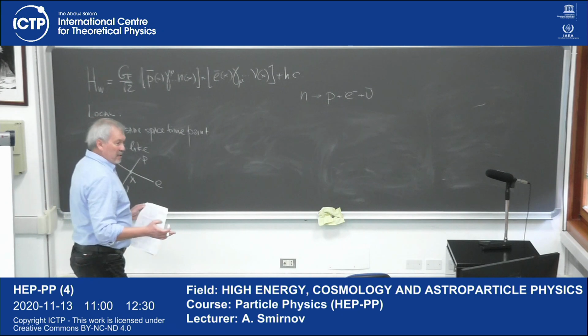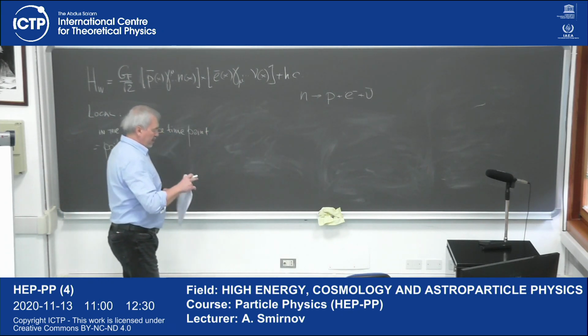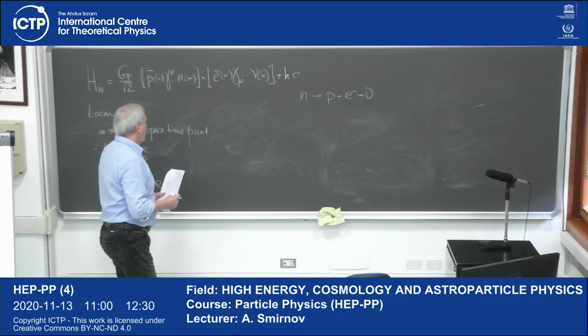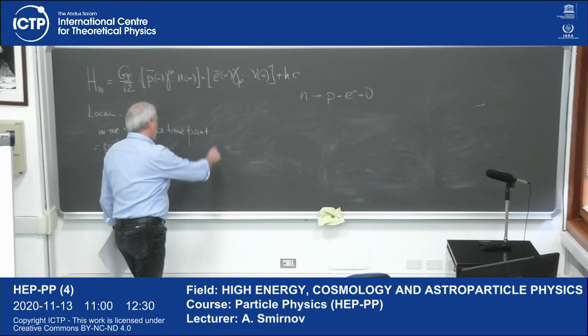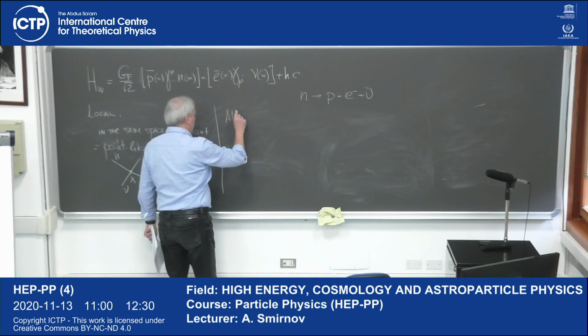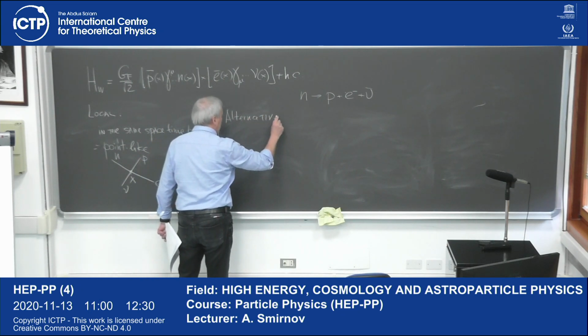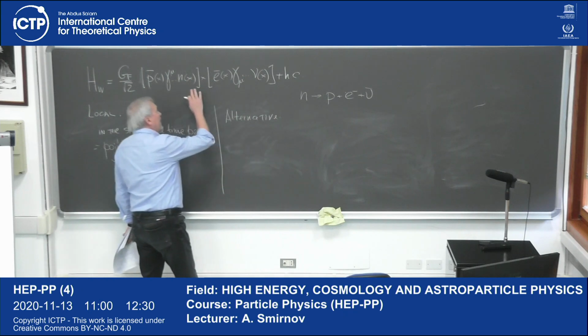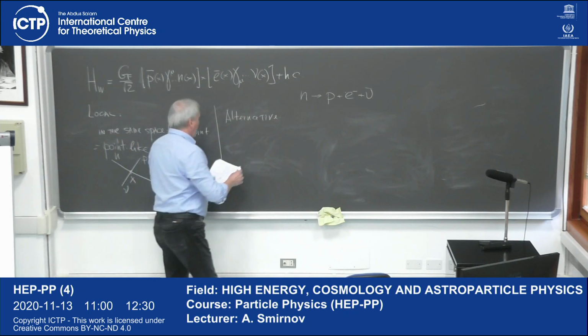So what are other possibilities? That's what Fermi actually proposed in the first place. We have here two currents. An alternative to this would be if we take these two currents at different space-time points.